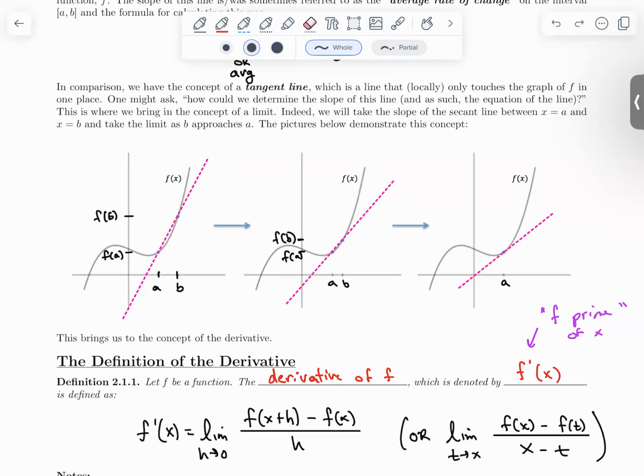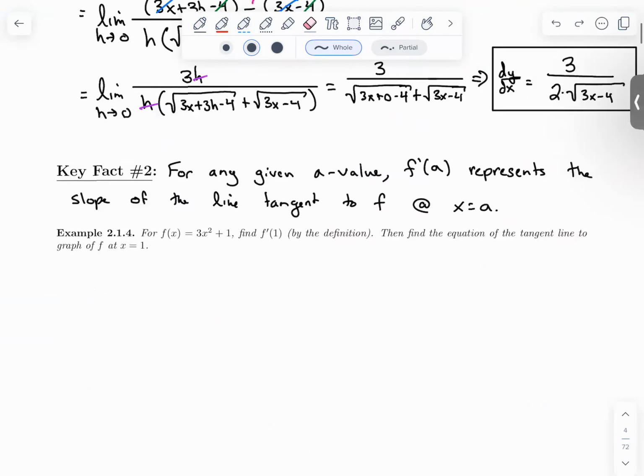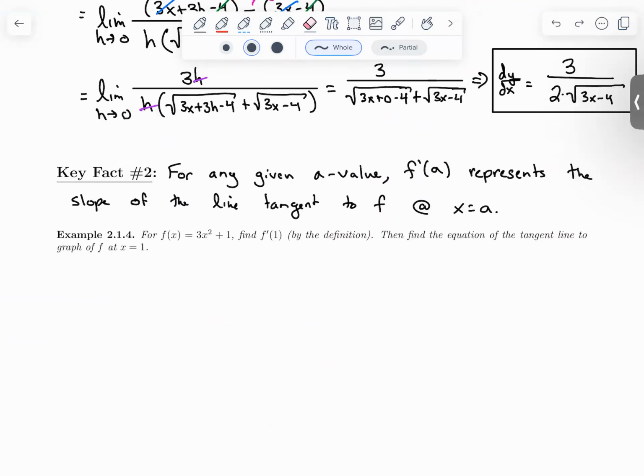So the derivative is both a function, and when you plug in specific values, it gives you slopes of tangent lines to that curve. At some point, I'll try and mess with Desmos to show you a cool little nifty trick about it to give a little more insight. But that is a really nifty thing about the derivative, that you can think of it as a function, which it is, or if you want to, in certain circumstances, it's helpful to think of it as the slope of a line tangent to f.